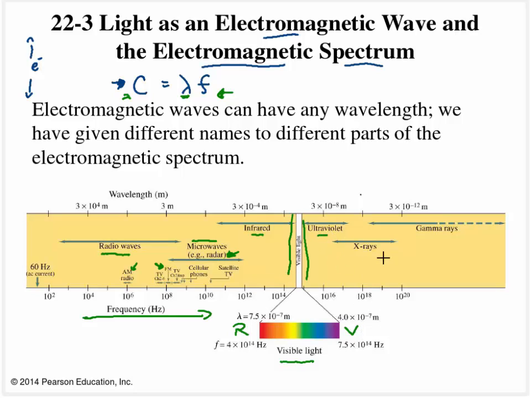Then ultraviolet, above violet, X-rays and gamma rays. Something to keep in mind is that as we go in this direction, the energy is going to increase. And as you would expect, as we increase our frequency, the wavelength is going to go down, because these two depend inversely upon each other.